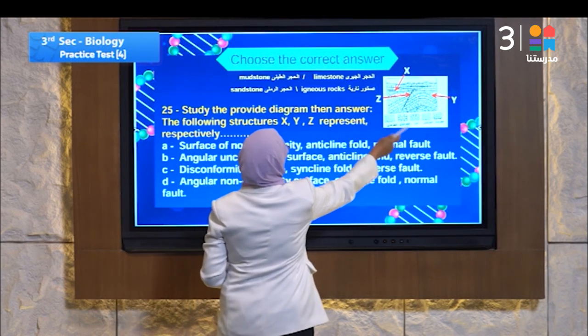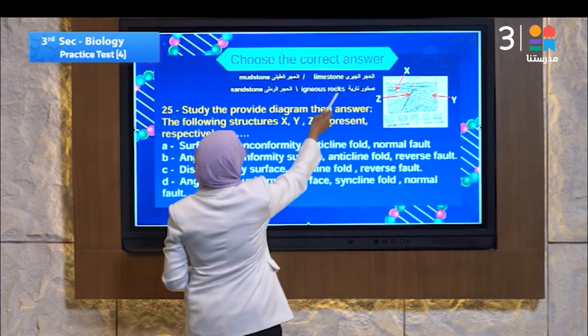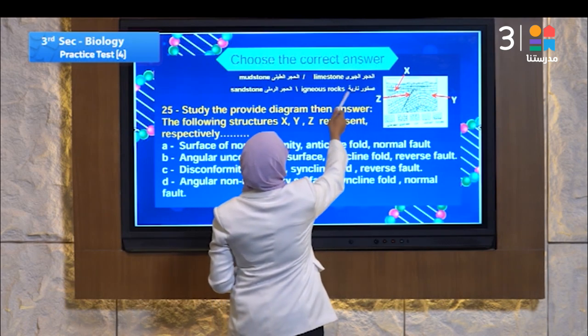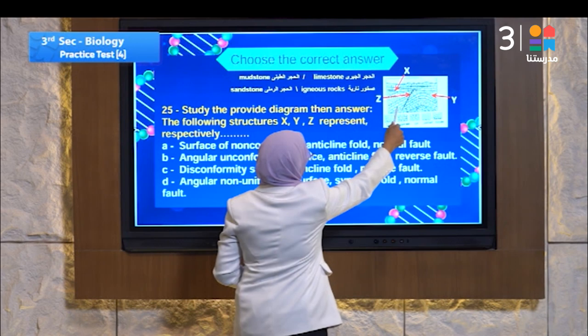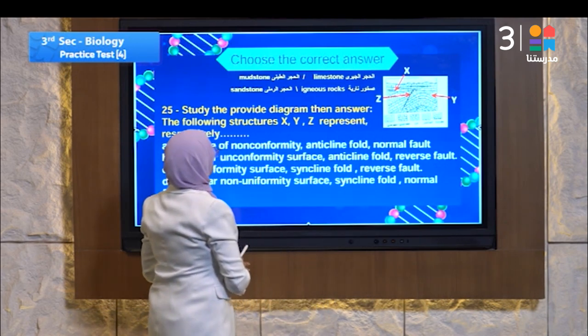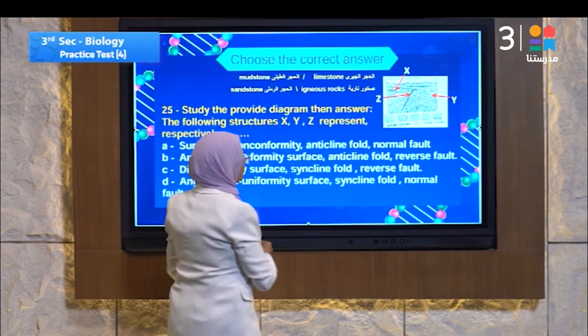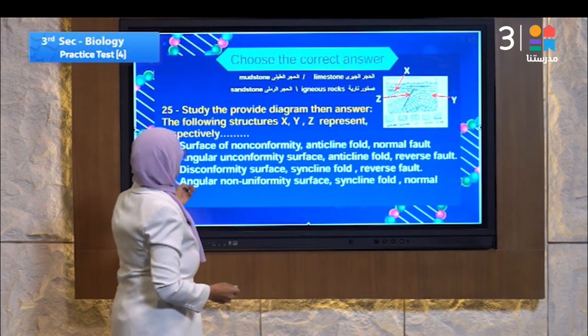صخور نارية, it is igneous rocks. حجر رملي, sandstone rocks. الحجر الجيري, limestone. There are drawings here in this figure, and الحجر الطيني, mudstone, and each of them has symbols. Let's go to the question again.